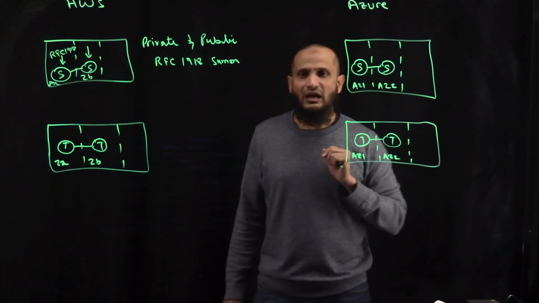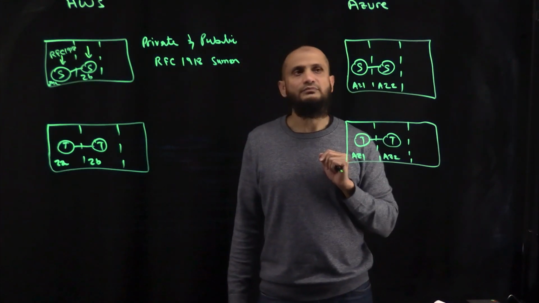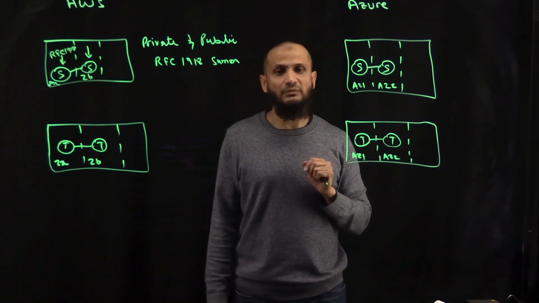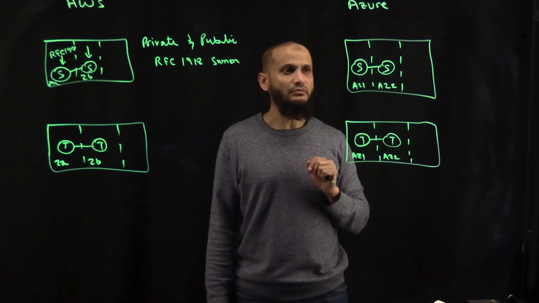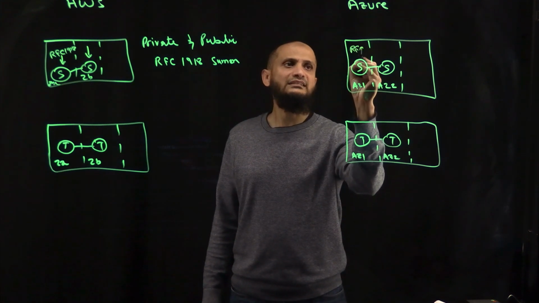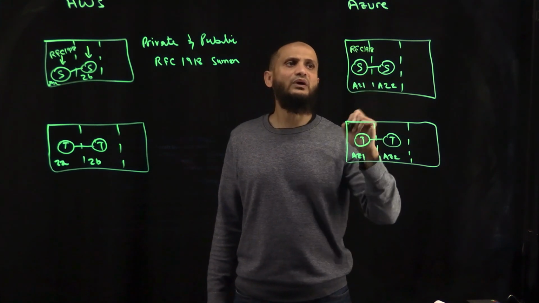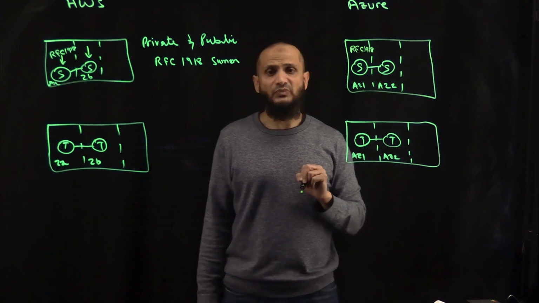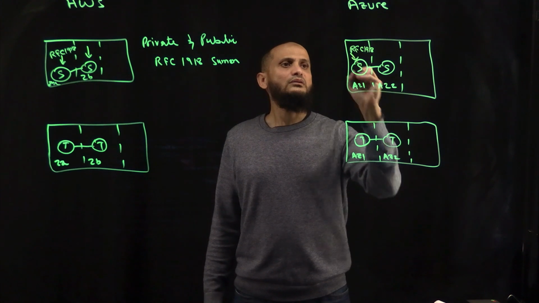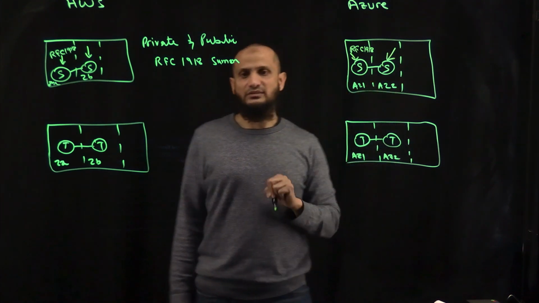Similar thing is going to happen in the Azure environment as well. The Azure environment has two pairs of private and public subnets too. And then we are going to create the RFC 1918 summary routes over here as well in all three availability zones, and we'll point towards these gateways.